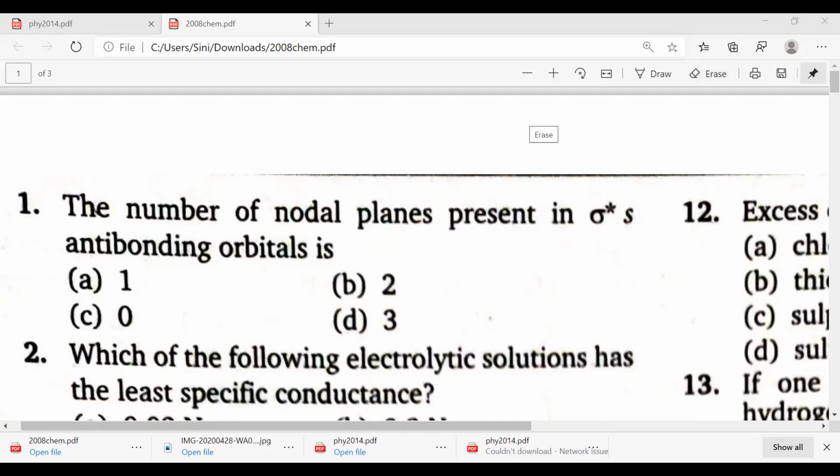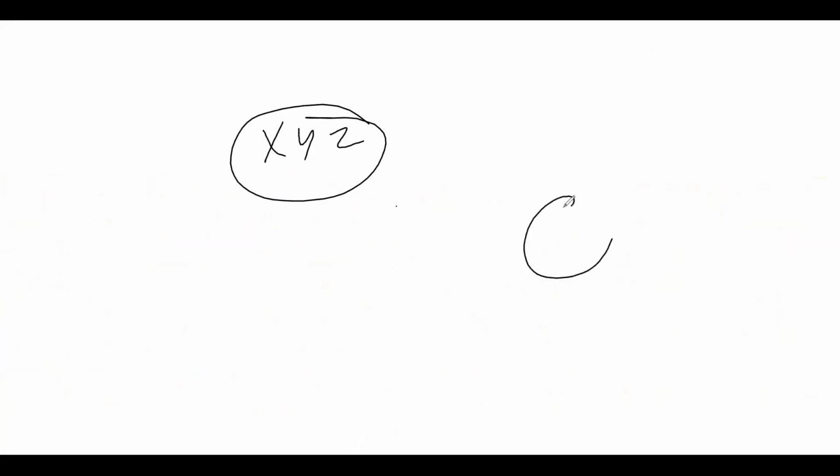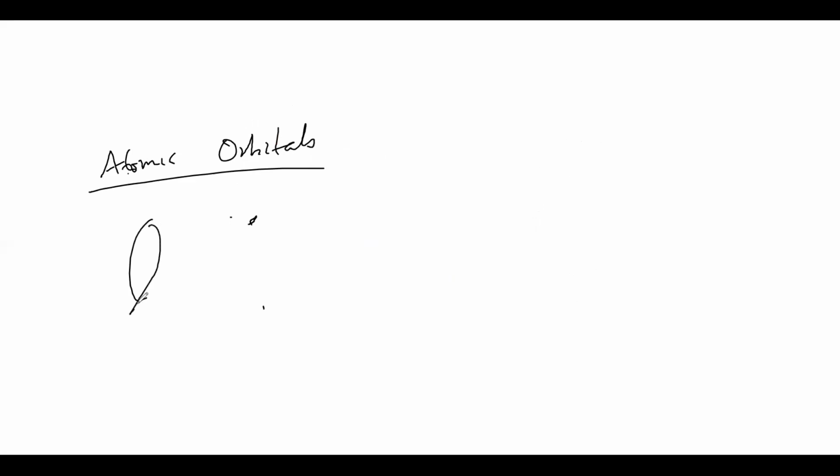So guys, a lot of you are asking for the definition of a nodal plane. I'll tell you. There are three axes, X, Y, and Z. Normally we have learned about K, L, M shells, and later on we know that there is a dumbbell shape. Let us take this atomic orbital. My drawing is not that good, but kindly adjust with this dumbbell shape.